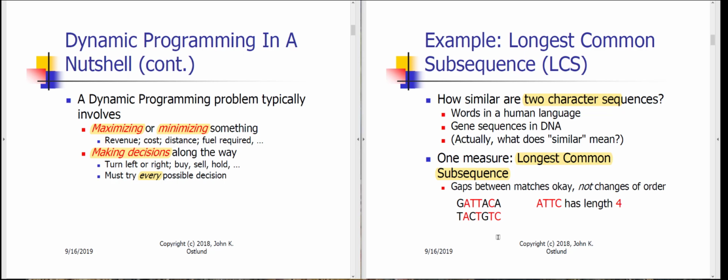These sequences are short enough that we can discover just by brute force and intuition that ATTC is the longest sequence of symbols that occurs in the same order in each of those two sequences of 7 symbols. So the longest common subsequence between these two sequences is ATTC with length 4.